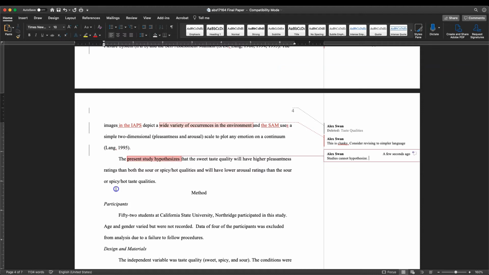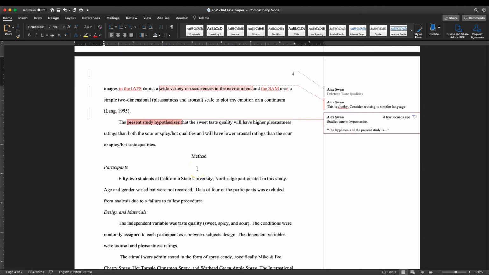And then I differentiate how the IAPS images are depicted, and what wide variety of occurrences in the environment means, and then identifying that the self-assessment mannequin is another piece to this puzzle, not necessarily connected to the IAPS, but standardized with the IAPS. So making that clear in the writing there.